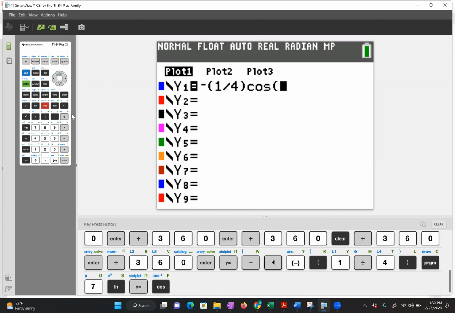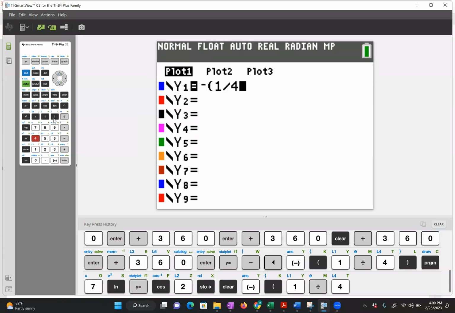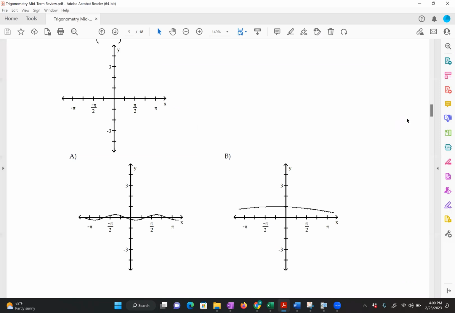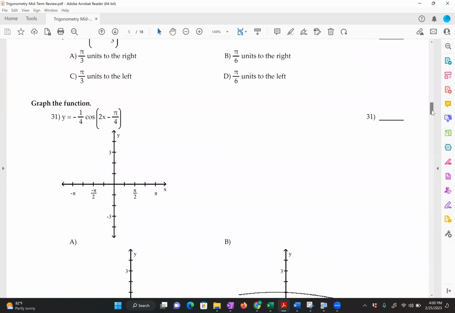And it was, if I believe, 2x. Negative, parentheses, 1 divided by 4. Close parentheses, we want cosine. And we want 2x. And what was the other part of that? Minus pi/4.